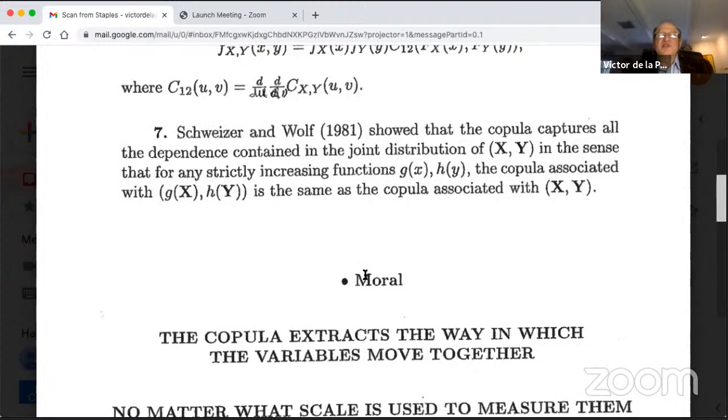Now, Schweizer and Wolff showed that copulas capture all the dependence contained in the joint distribution of x and y, in the sense that for any strictly increasing functions g and h, the copula associated to g of x, h of y is the same as the copula for x and y. So if you take increasing transformations, the copula doesn't change.